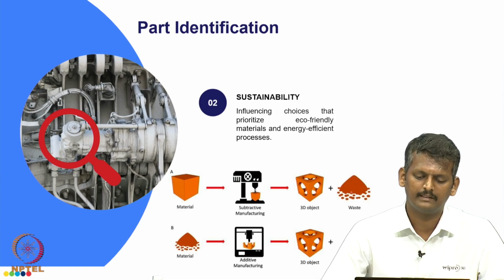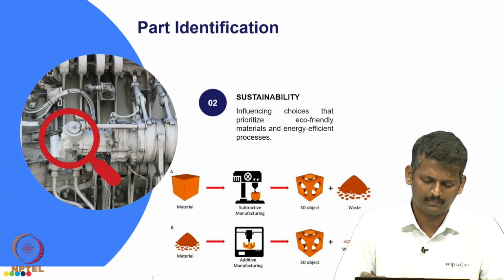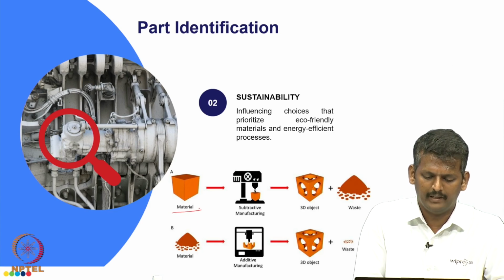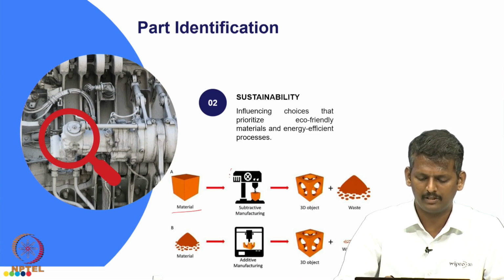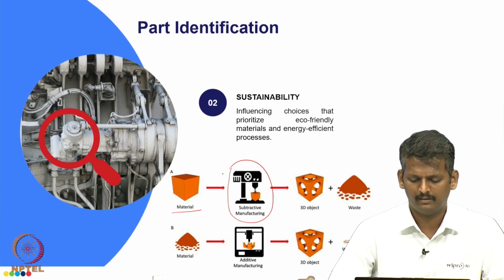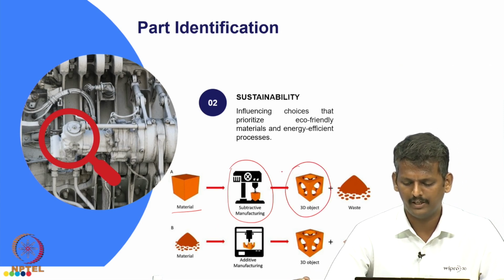The second one is sustainability. You can see one such example here in the image below. There is a billet of material which goes through a subtractive manufacturing method, that is, a conventional machining process, and then we get the required 3D geometry.